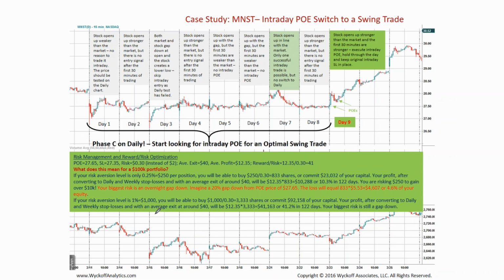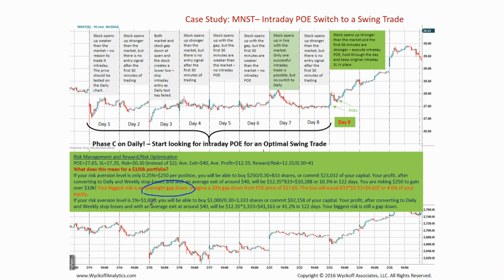So let's say we made a mistake like that, and we're still going to have the same type of risk with the possible overnight gap down.